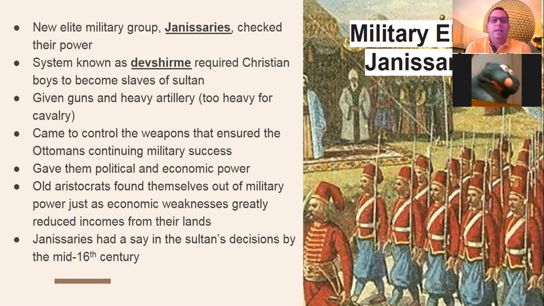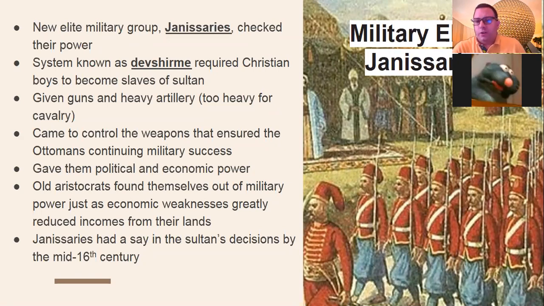Janissaries were like a paid army, okay? So this was their full-time job. It was not a volunteer service. It was not something where you served a couple years and then you moved on. They were a very, very powerful and very elite military force, okay?